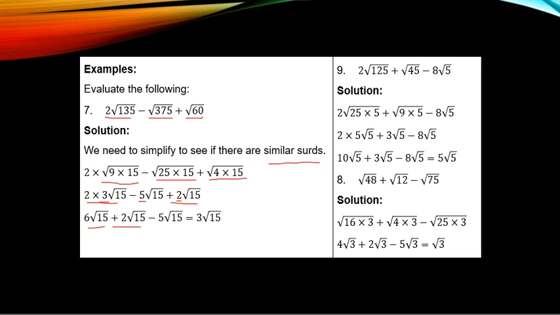What you are adding is 1 root a and 1 root a, the coefficients 1 and 1. So 6 root 15 plus 2 root 15, you have 8 root 15. 8 root 15 minus 5 root 15, you have 3 root 15. You have simplified that problem.